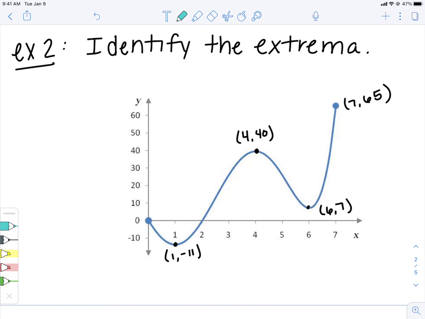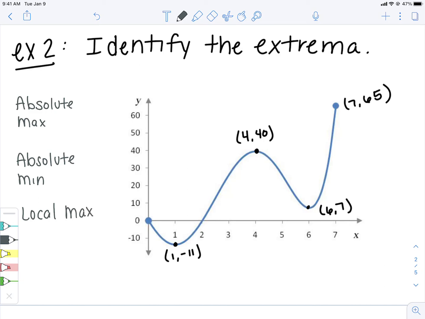So I'm going to have everything here. I need to find all of these, right? I need to find my absolute max, my absolute min, my local max and my local min.